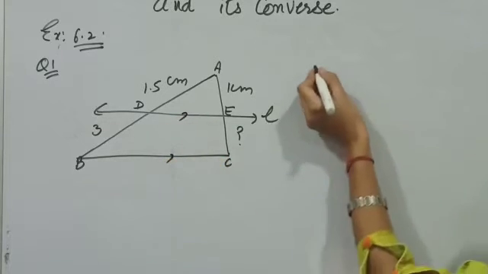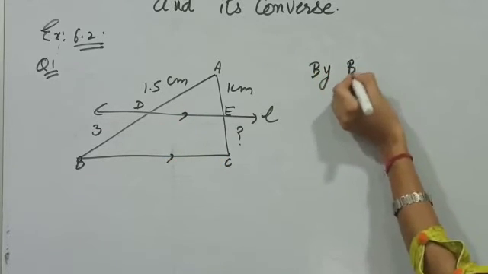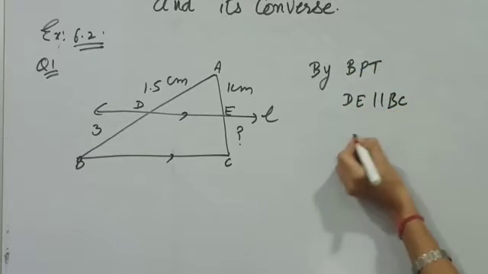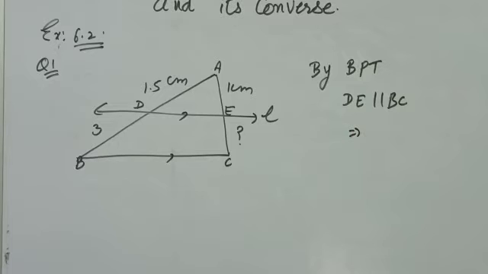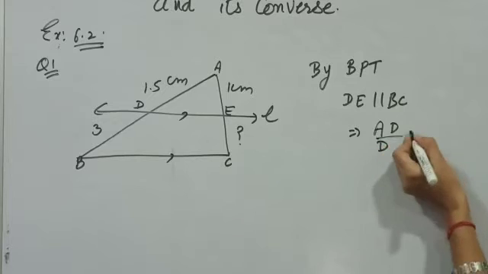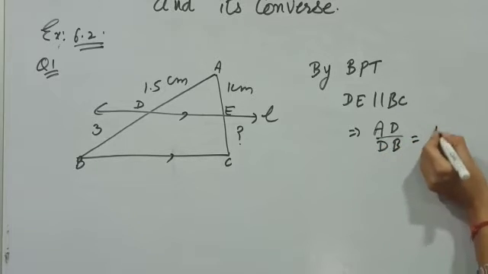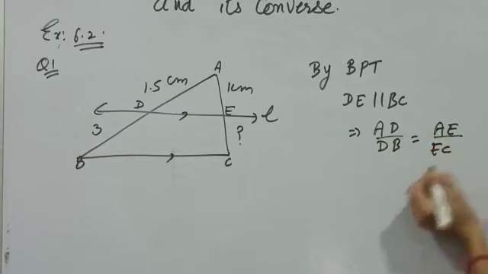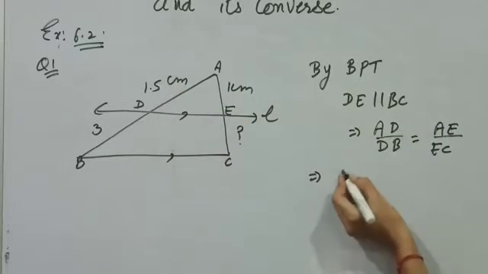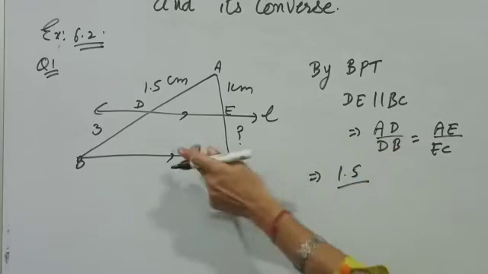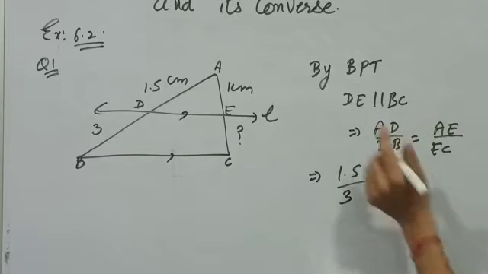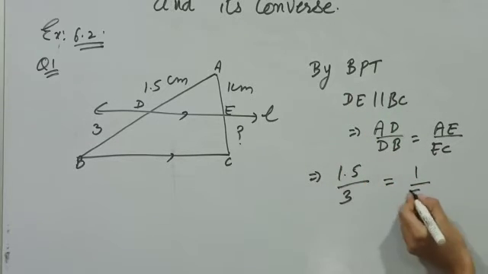We know that by using the BPT theorem, as DE is parallel to BC, we can use this result: the ratios of these parts will be equal. So AD upon DB is equal to AE upon EC. We write AD as 1.5 centimeter upon 3, and in the ratio we are not writing the units, and here will be 1 upon EC.